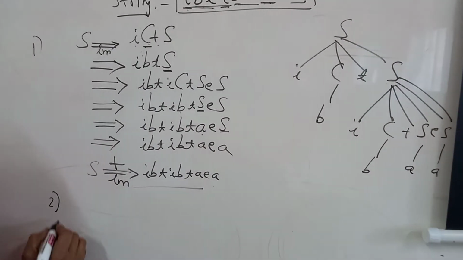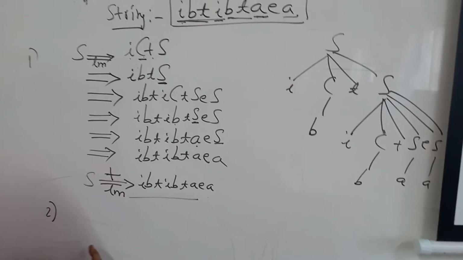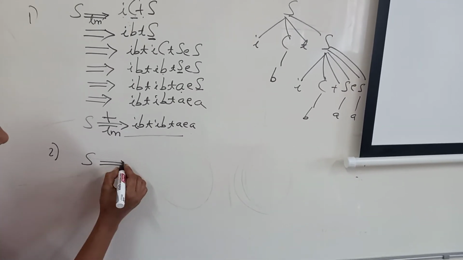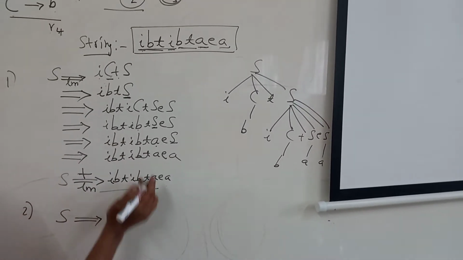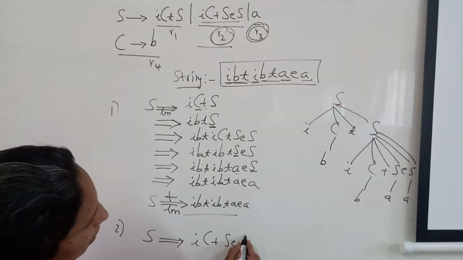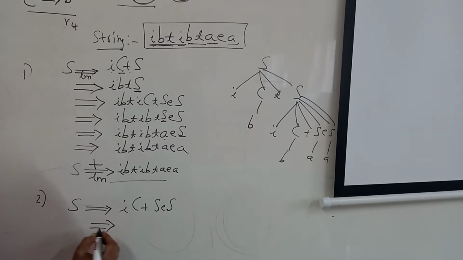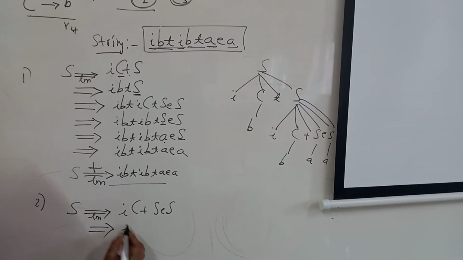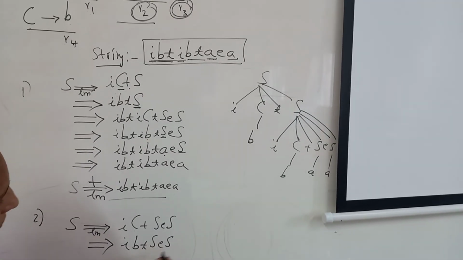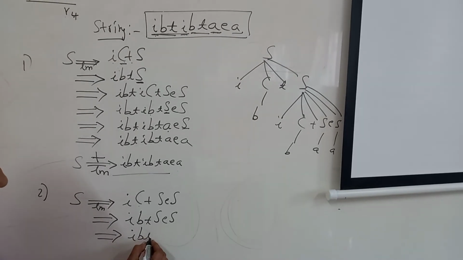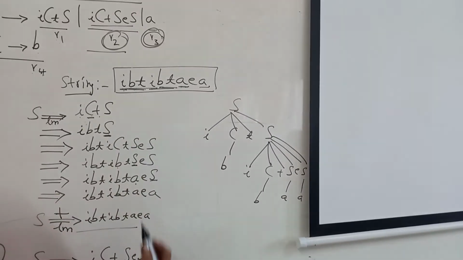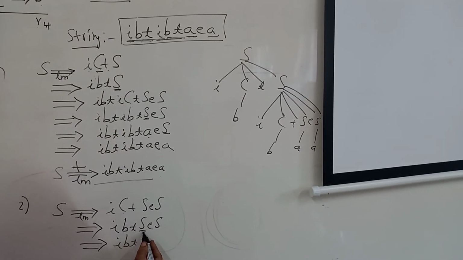Now I will apply one more leftmost derivation using different productions, and finally I should get the same string. Now I will start with rule 2, iCtSeS, and again I am applying the leftmost derivation. The C I replace with rule 4, that is b, giving ibtSeS. Now according to the string, after ibt I should get ibt again, so to get that I will apply rule 1.